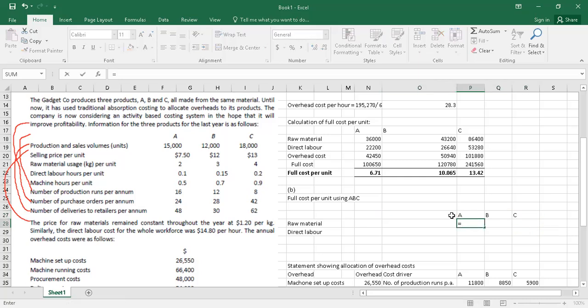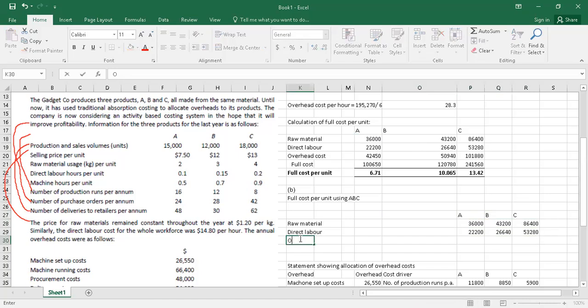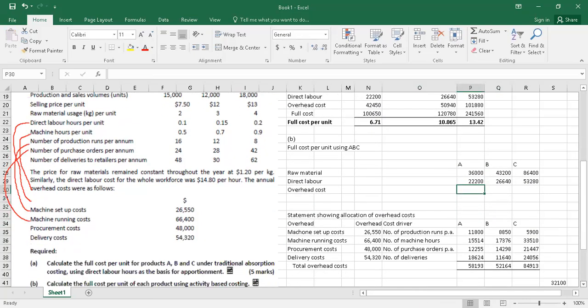Now for the overhead cost, since we've already calculated, from there we'll bring it here.